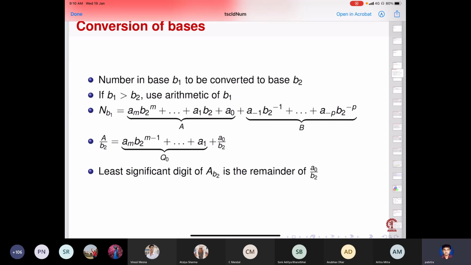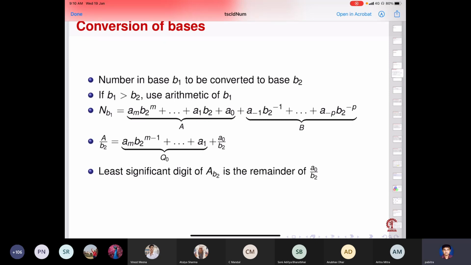Q0 is the quotient and A0 by B2 is the remainder. So the least significant digit of A in base B2 will be the remainder on dividing A0 by B2.